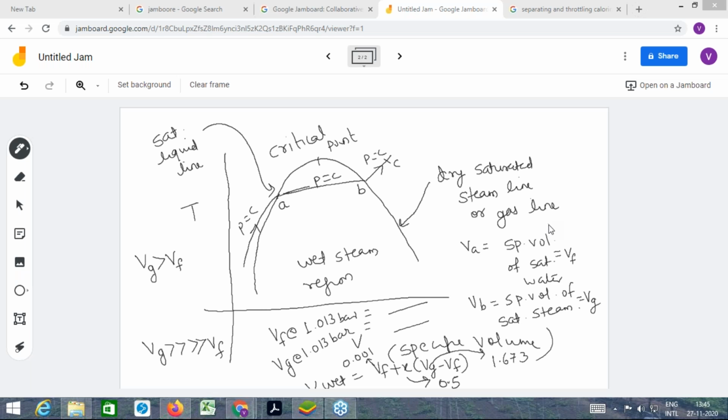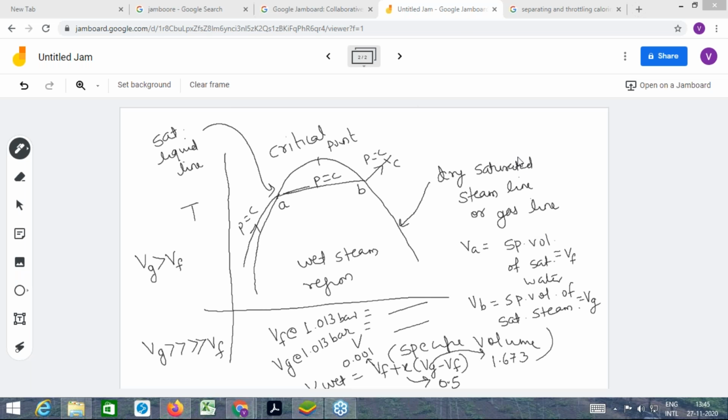Sharvari has given me the answer as 0.837. Others can also attempt. 50% dry, how to find that? Vf plus x times (Vg minus Vf) should give you the specific volume of wet steam.